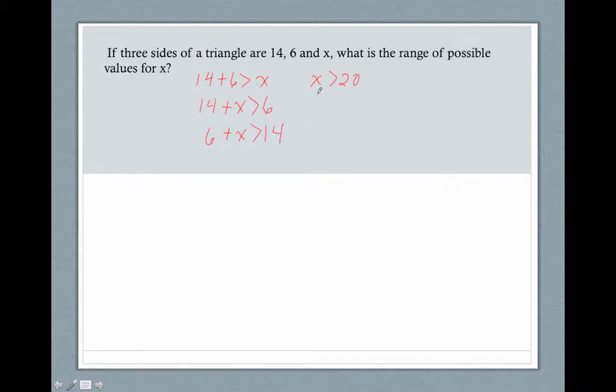The first says x is bigger than -8, which is not really helpful because it already had to be greater than 0 to be a side length. And this one says x is greater than 8. So really, as long as x is less than 20 and bigger than 8, then we're good. So these are the lengths.